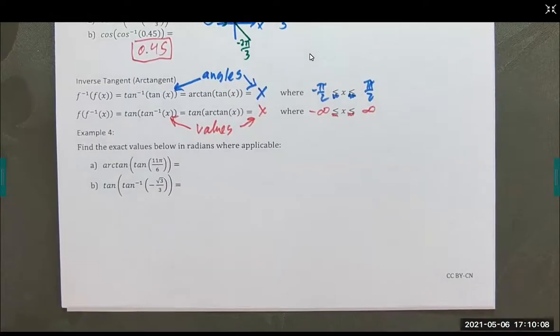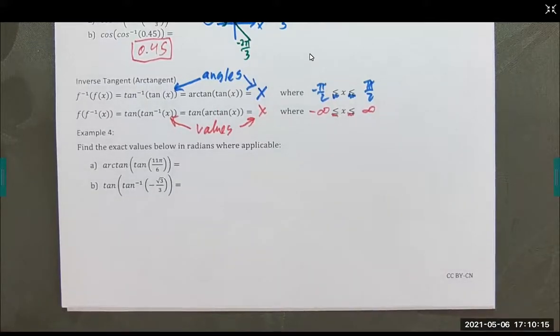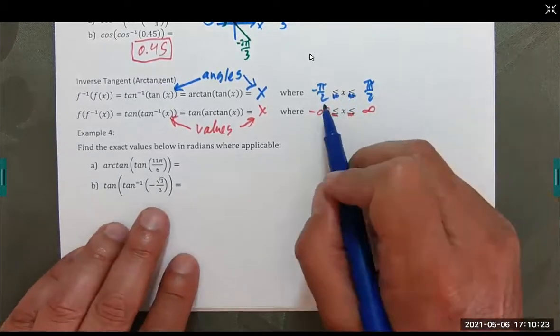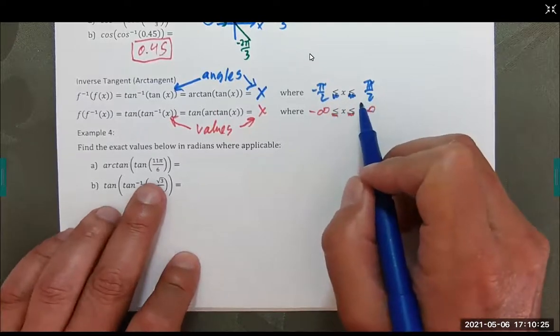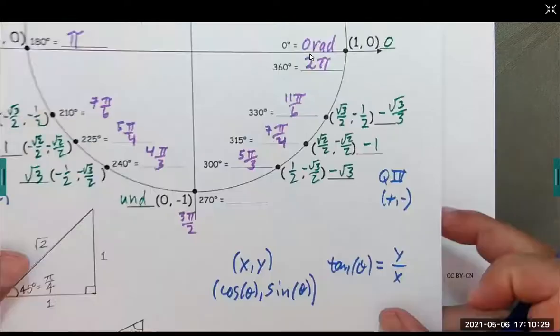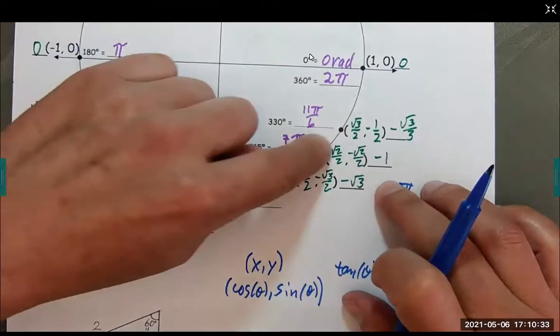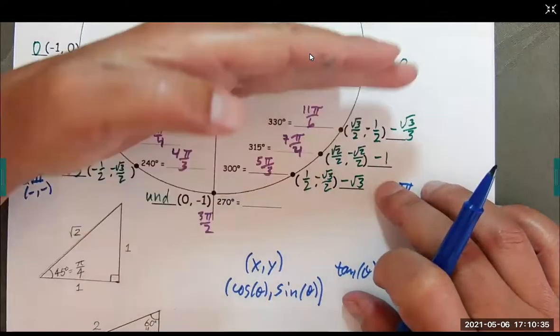All right, let's start with part A. Arctan of the tangent of 11 pi over 6. Now we have a problem. 11 pi over 6 is not between negative pi over 2 and pi over 2. But 11 pi over 6, which is all the way around to here, is negative pi over 6.